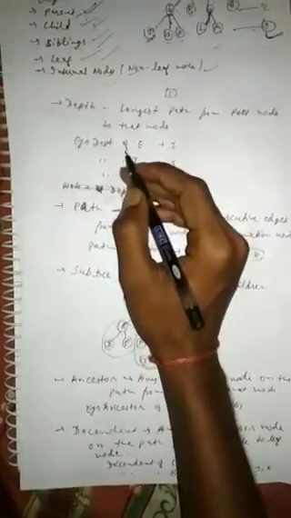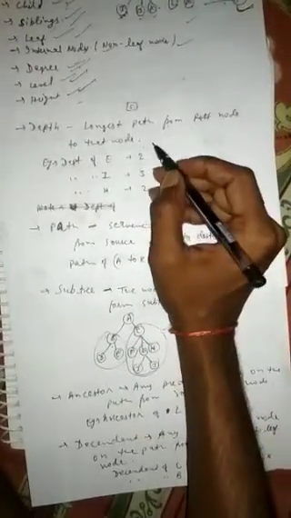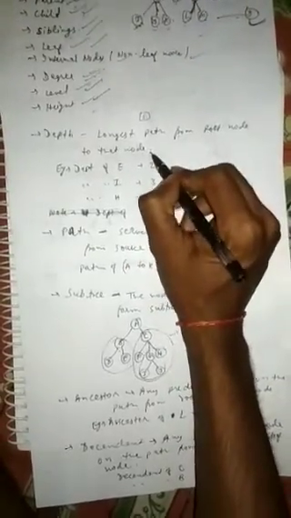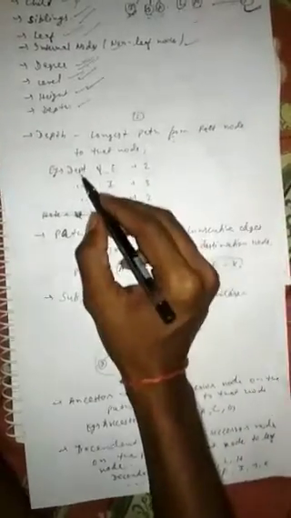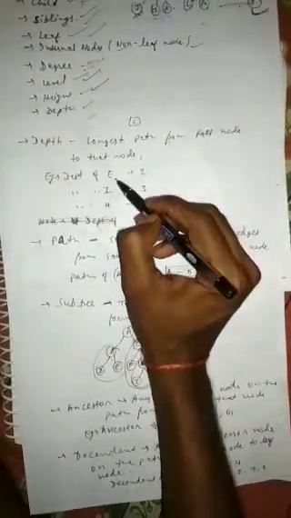Now we see depth. What is the depth? The longest path from the root node to that node. If we take E, what is the depth of E?